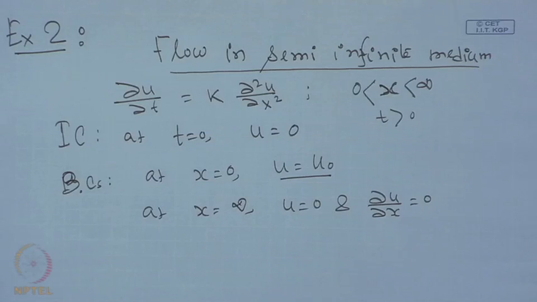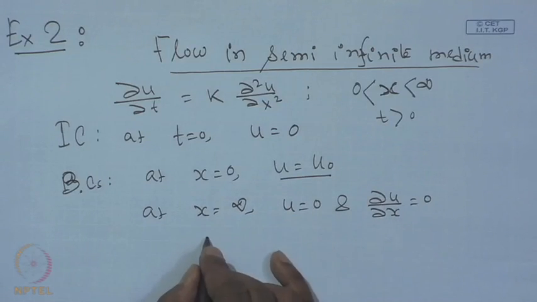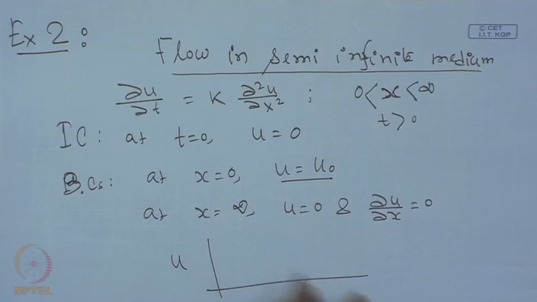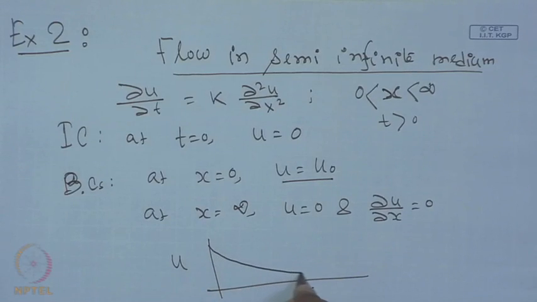So, basically the variation of the dependent variable u is from u naught to 0. So, if you look into the profile of u as a function of x, it looks something like this.